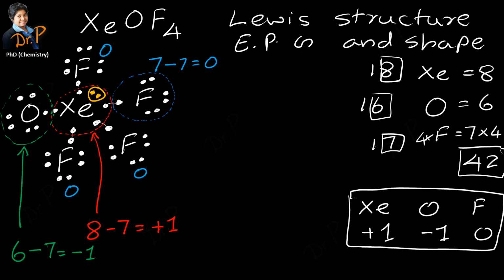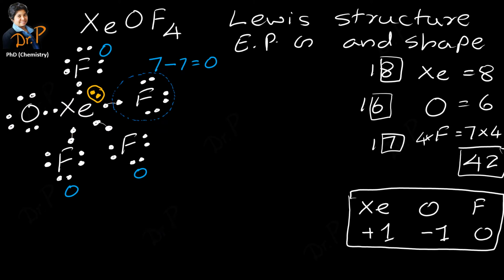What I'm going to do here is move a pair of electrons from oxygen, this pair of electrons, between oxygen and xenon. Now my new setup is going to look like this.